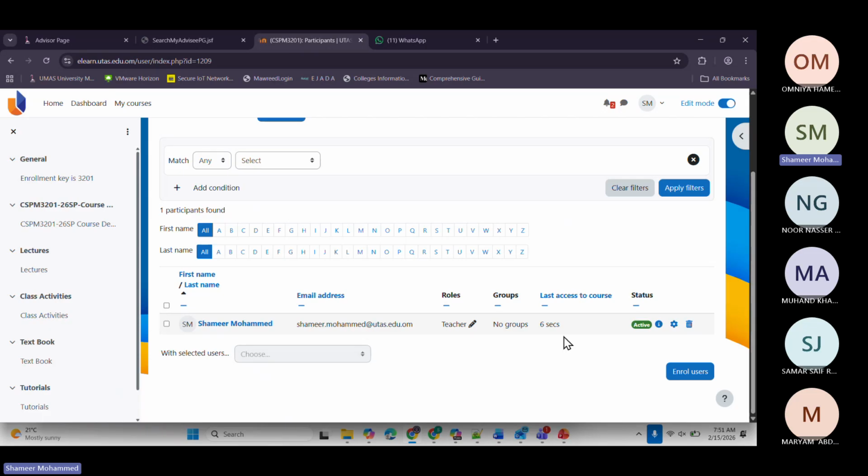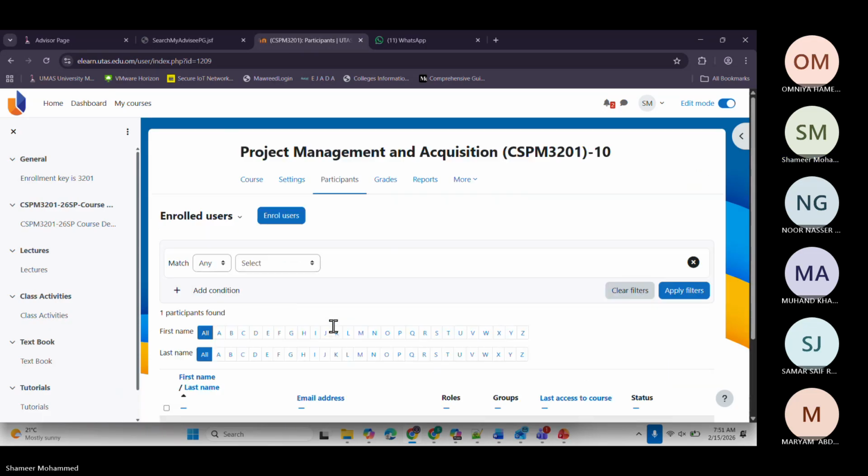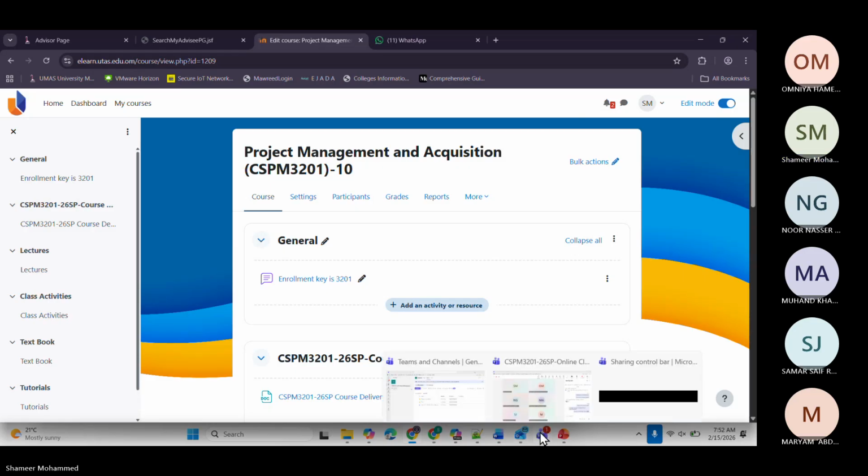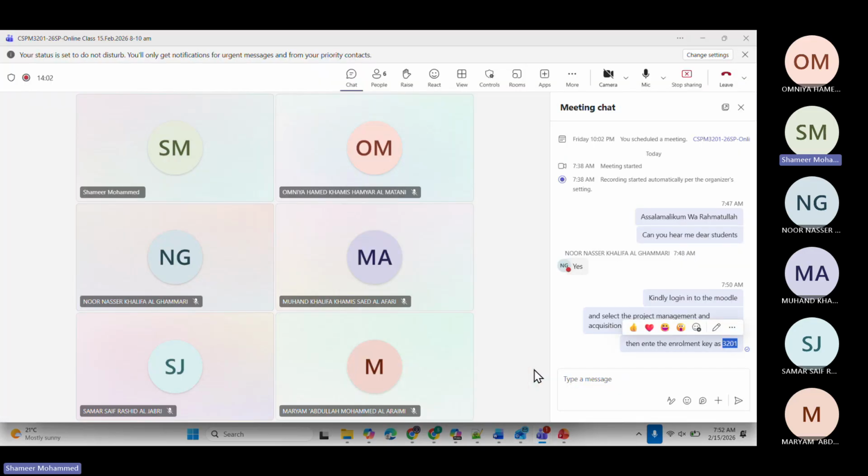So far, nobody registered. So please let me know, are you able to register, join this course by typing this key 3201? Just log in into the Moodle, select your course, Project Management, and then enter the key as 3201.